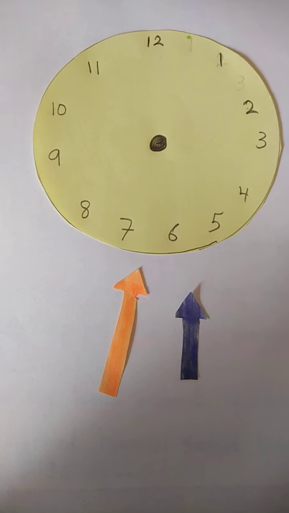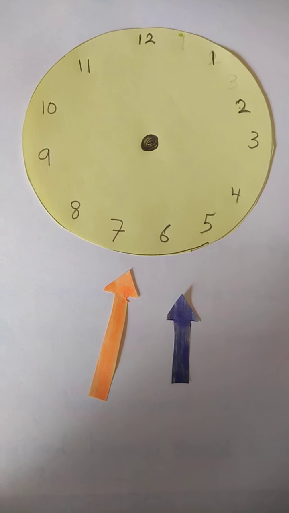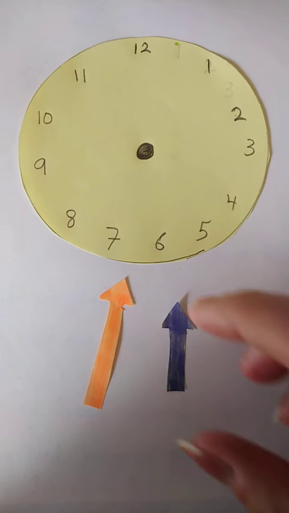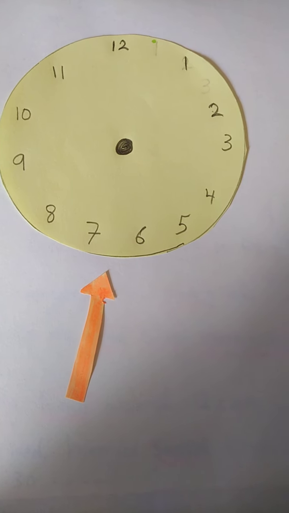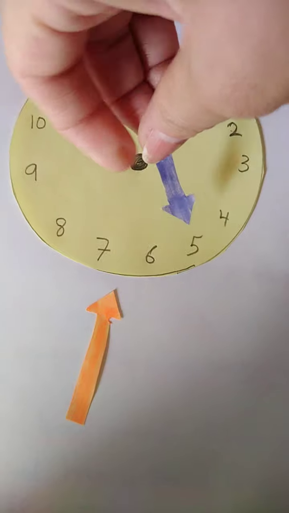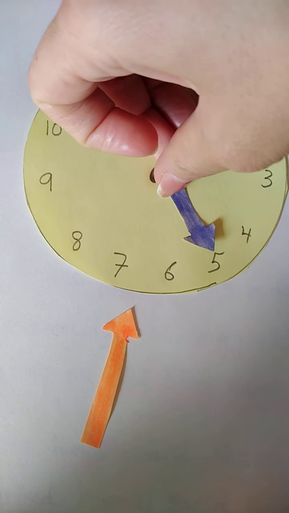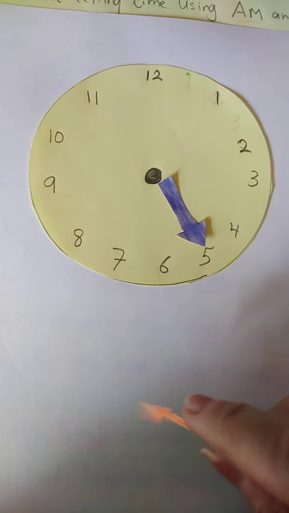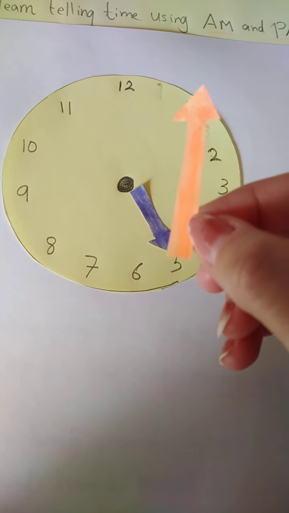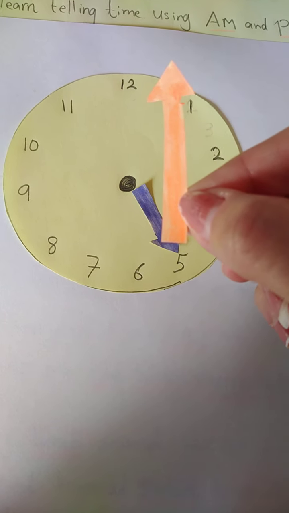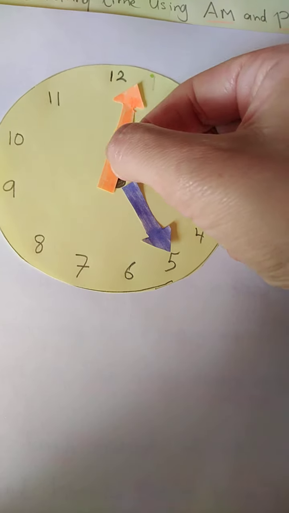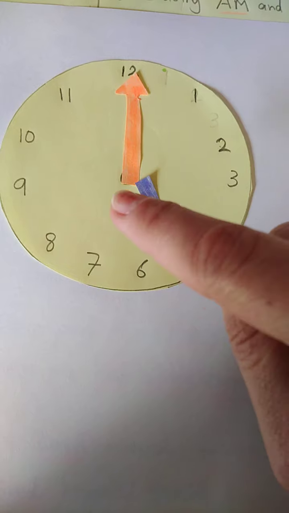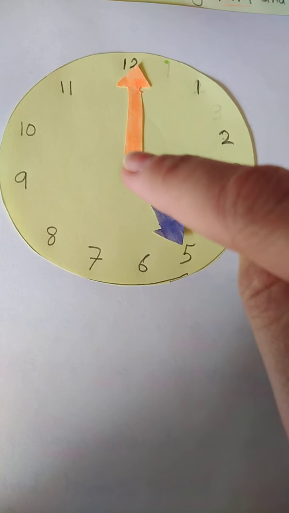If I want to show the time 5 o'clock, I will take my short arm that indicates hours, 5. Then I'm going to put this longer arm always on 12 if it's o'clock. 5 o'clock.